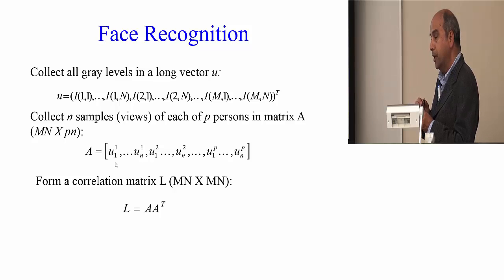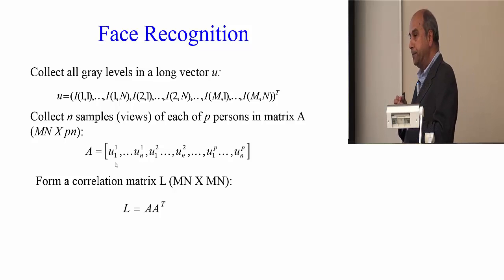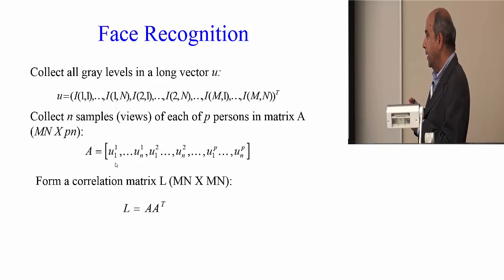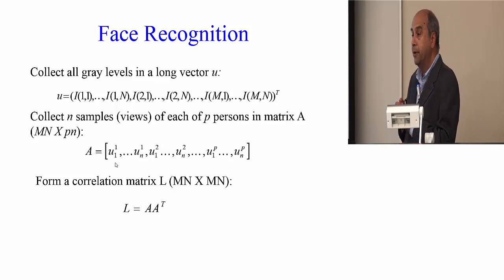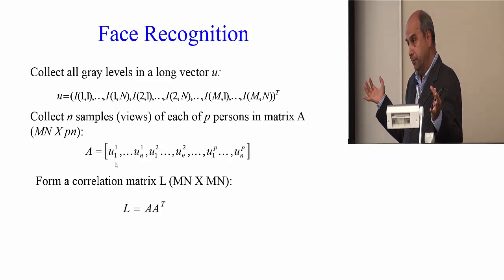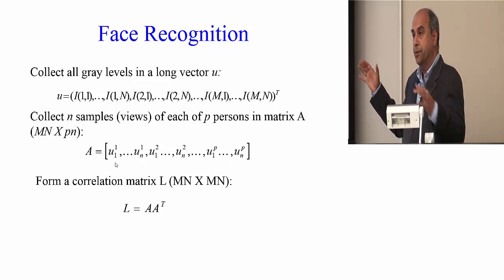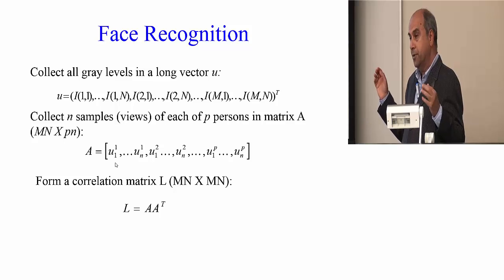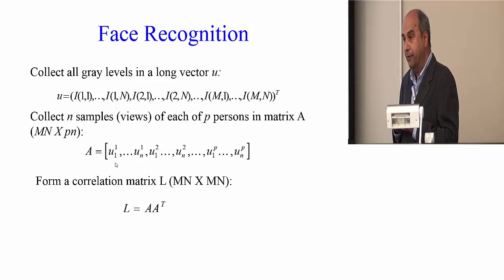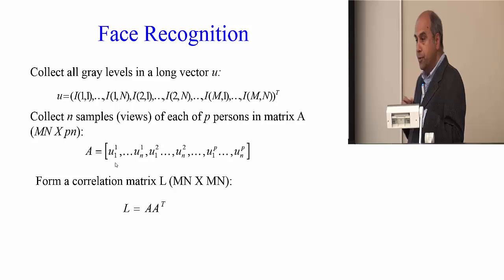So A is 250,000 by 1,000, and then the L matrix will be 250,000 by 250,000 because of A transpose. So it's a huge matrix, and finding the eigenvectors of that will take a lot of time.